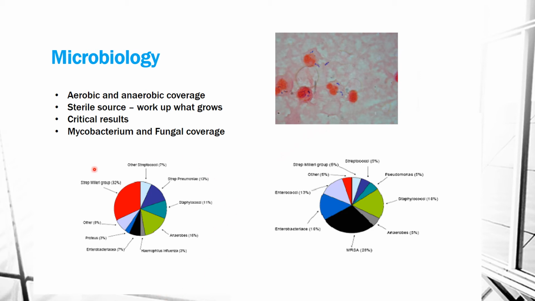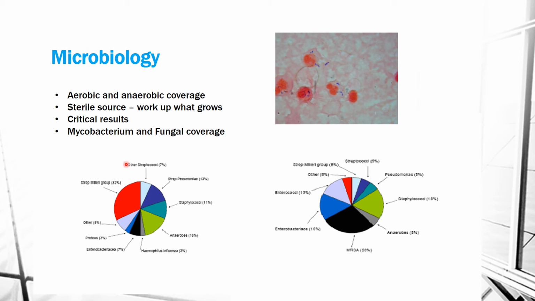Okay. These are just a couple of graphs that show you what causes, in this particular case, where their pneumonia comes from. These were literally findings of pleural fluids, not just the lung tissue, but pleural fluids. And so you can see it's pretty well differentiated.